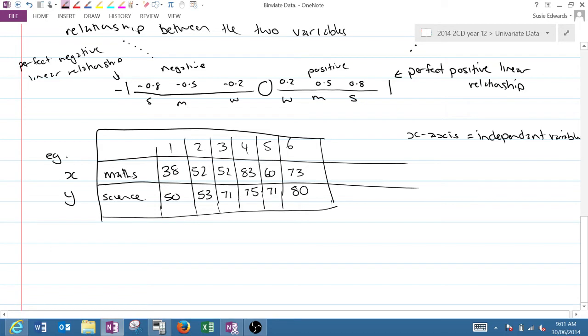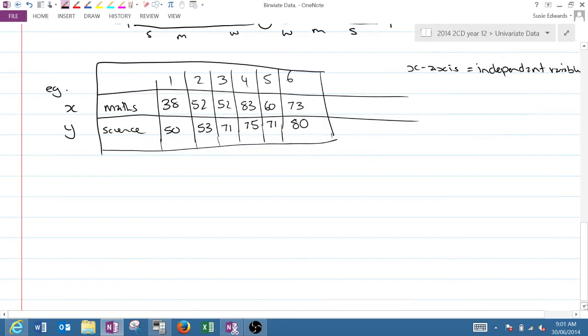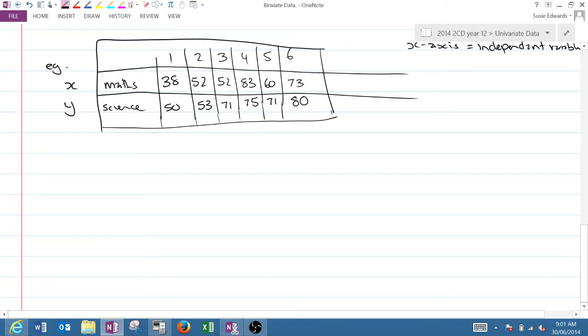And your y-axis is we're looking at what changes because of it, okay? But in maths like this, we're not talking about it causing it. So we're not going to say, oh, there's a really strong relationship between your maths and your science marks. Your maths score causes your science score to be better. Okay, we never say that. It's always about the relationship. So you just say there's a strong relationship between them. But we never say they cause each other, right?